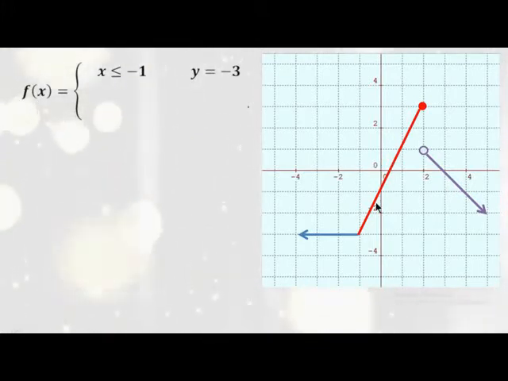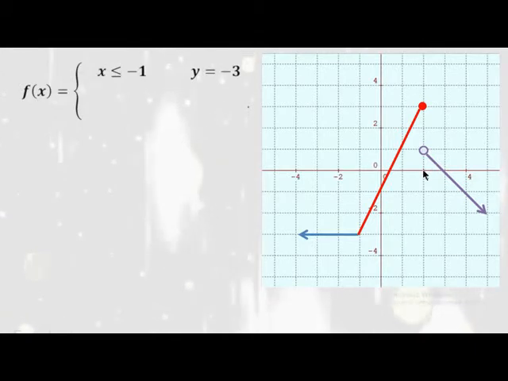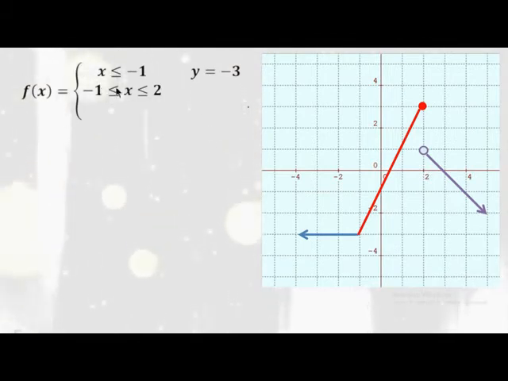Let's assume this is the second line. The domain starts from -1 till 2. So x greater than or equal to -1, less than or equal to 2. But as you can see here, there is a filled dot at the edge of this line.